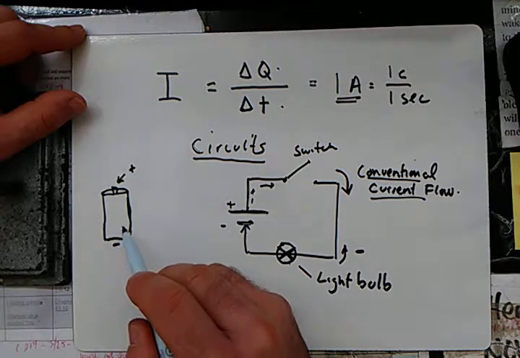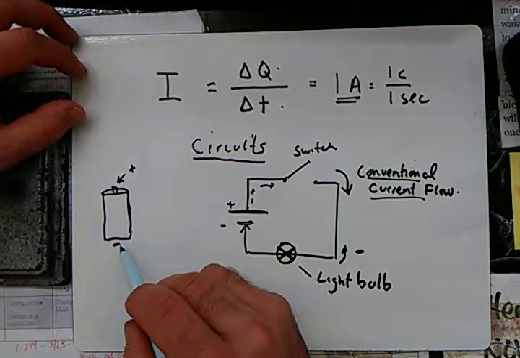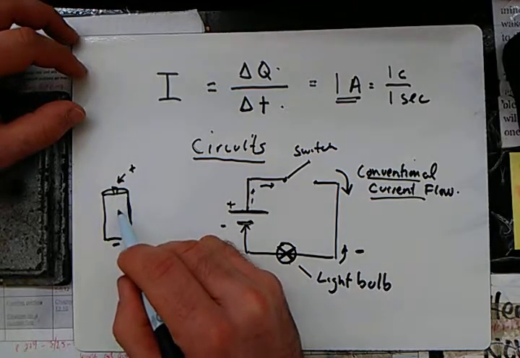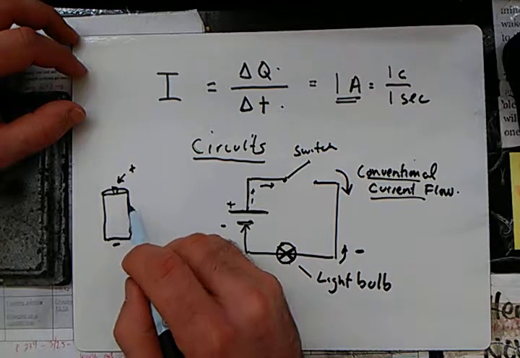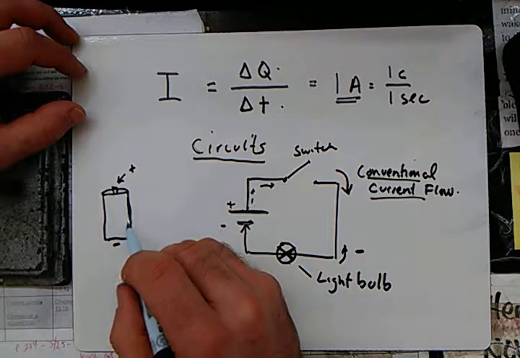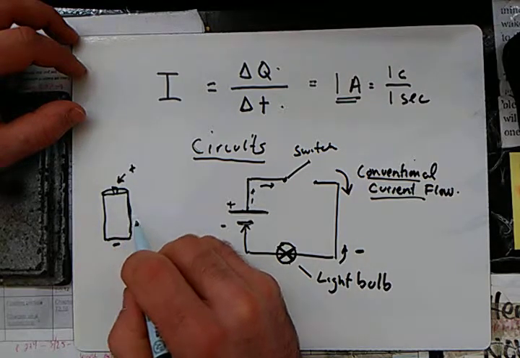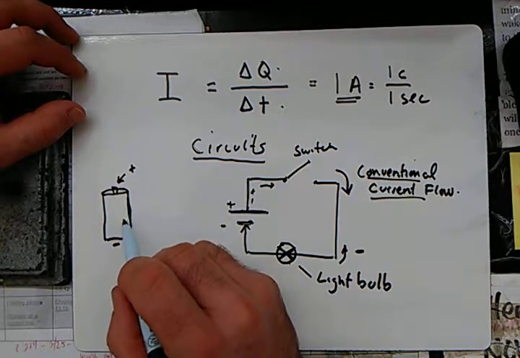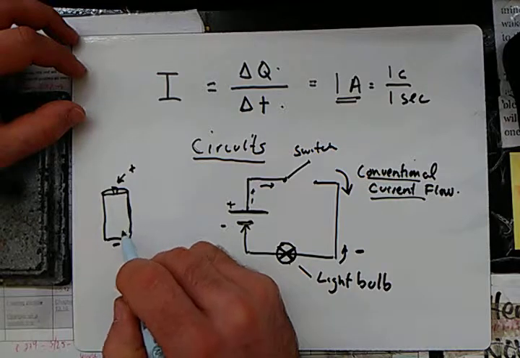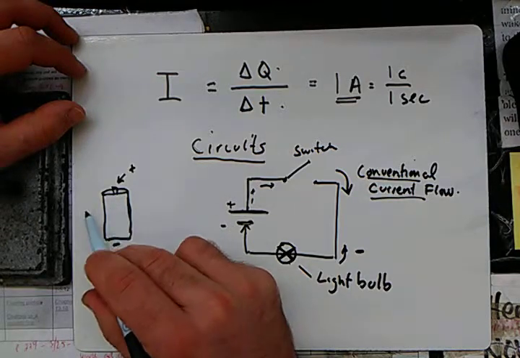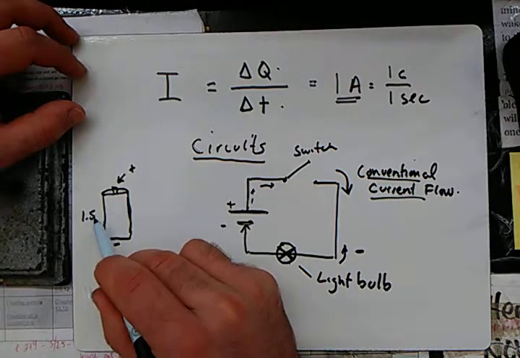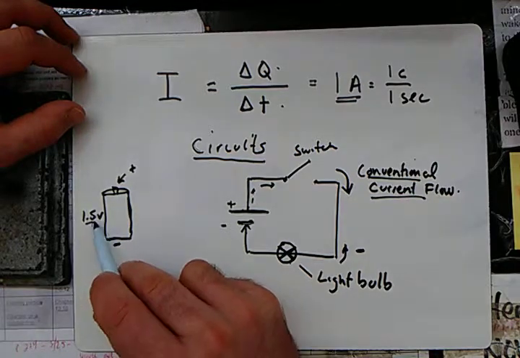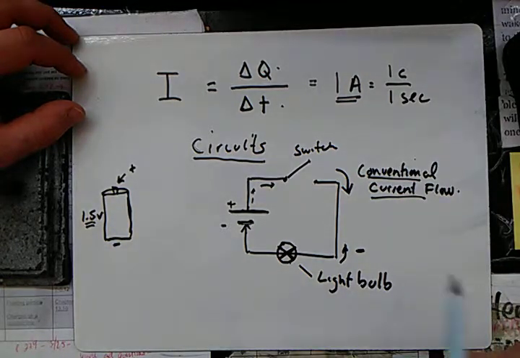We can use the chemicals inside a battery and convert them to create electrical energy. Basically the chemicals act like an escalator carrying the charge to a higher voltage. Generally a battery is about 1.5 volts, and we'll talk about what voltage is a little bit later.